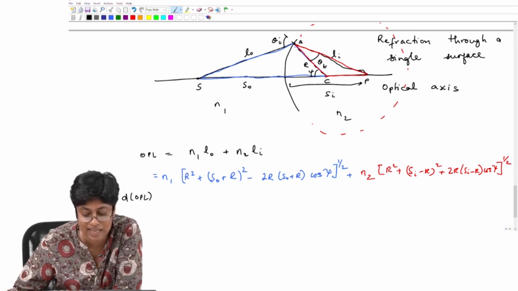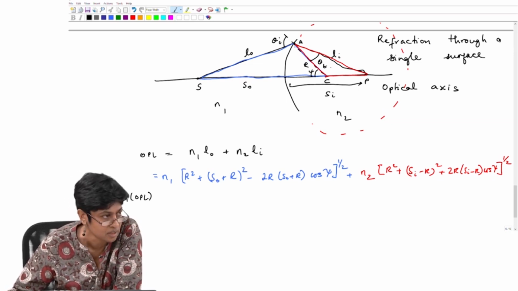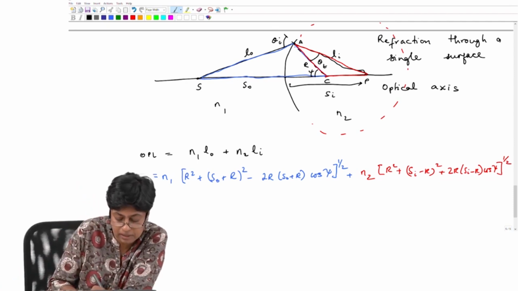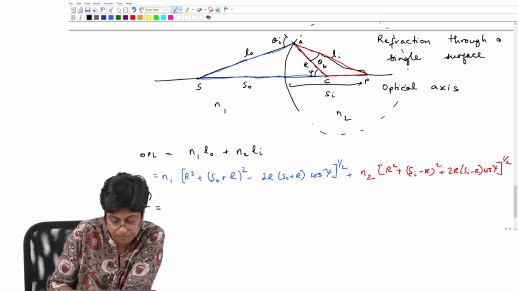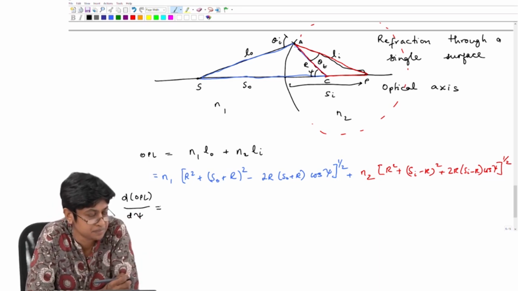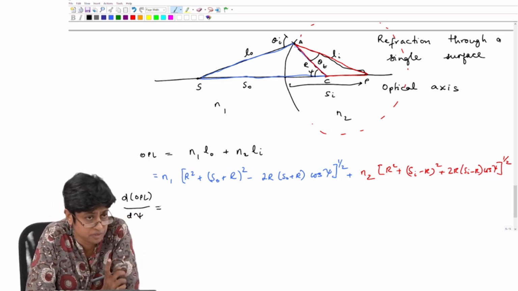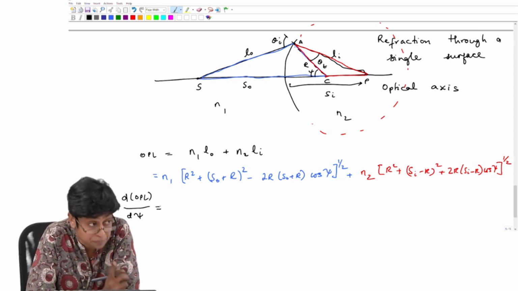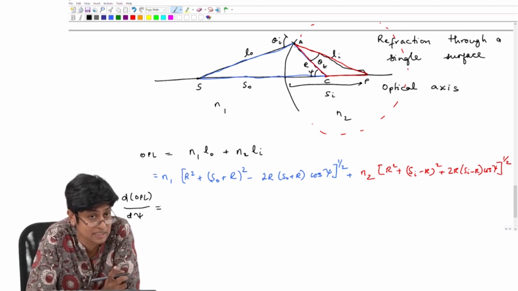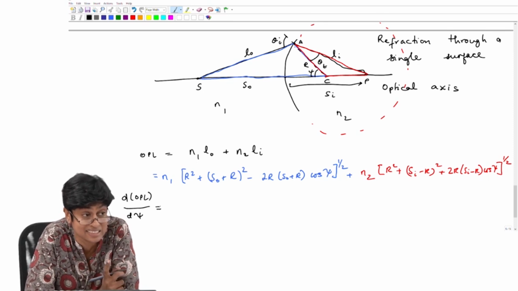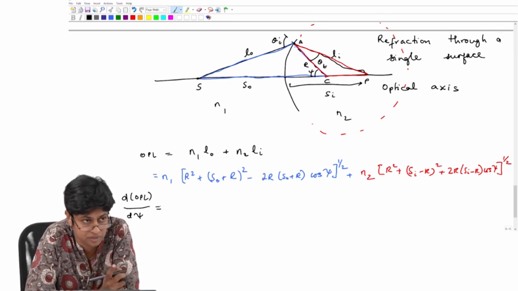In other words, this angle psi would be changing. So, the variable I am minimizing it with is d psi. Okay. We are using Fermat's principle. Okay. I am minimizing optical path length here. So, I keep the product n into L, unlike yesterday's example where we were minimizing the time, then I remove the refractive index.